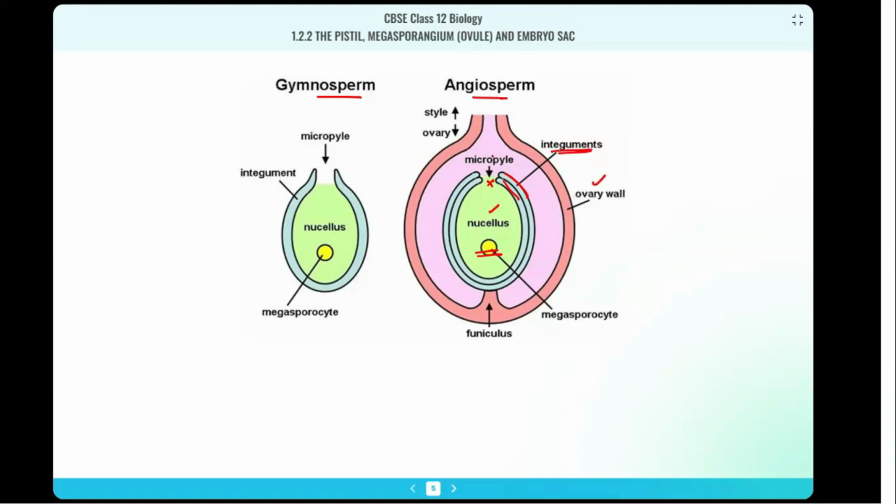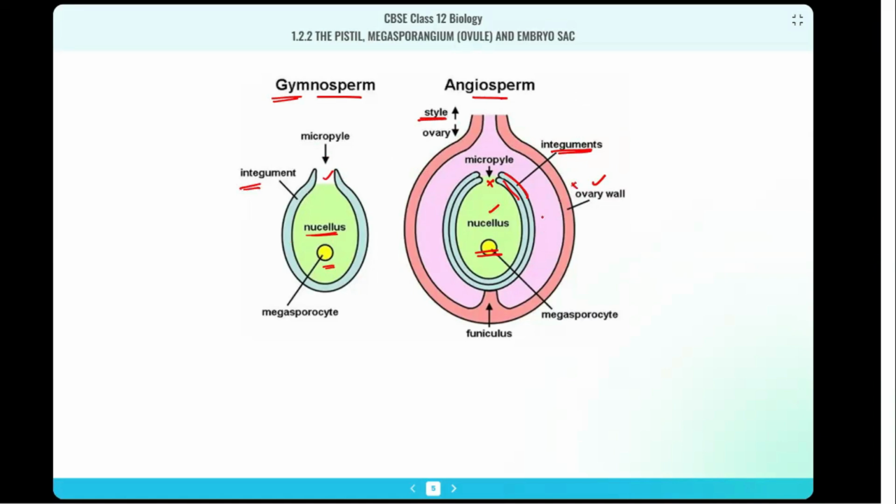Above this ovule, the ovary structure, they have the style part, that is the stigma and style region of the pistil. Now coming to gymnosperms, they are having the micropyle region here, the nucellus, the megasporocyte is there, integuments are there, but they lack the ovary wall.